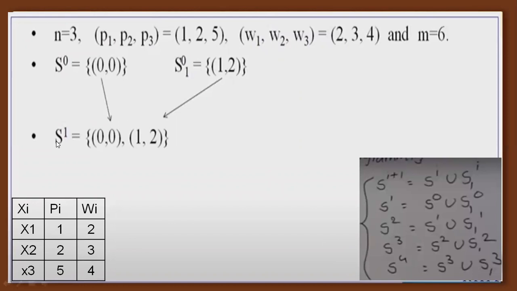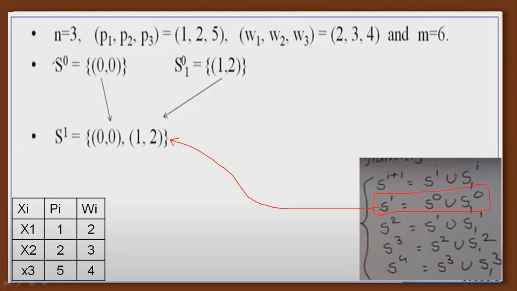The next step is to find the value of S power 1. How to compute the value of S power 1 is the question. There is a formula, and you should remember the formula clearly. If you want to compute S power 1, the formula is S power 1 equal to S power 0 union S power 0 base 1.